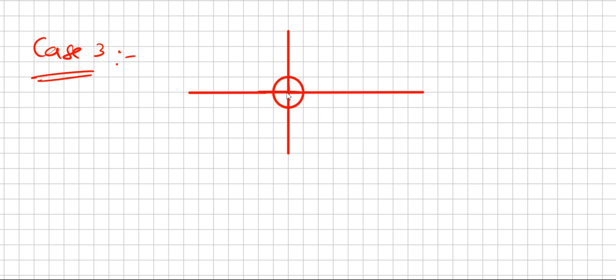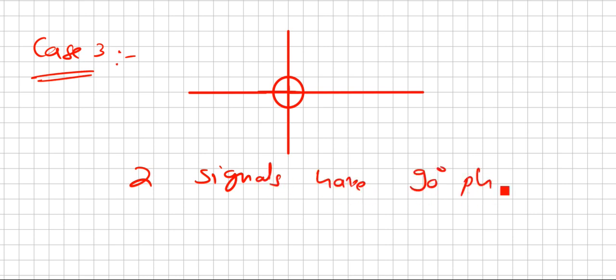If my correlogram is one circle, then in that case the two signals have 90 degree phase shift. If correlogram is a circle, then two signals have 90 degree phase shift.